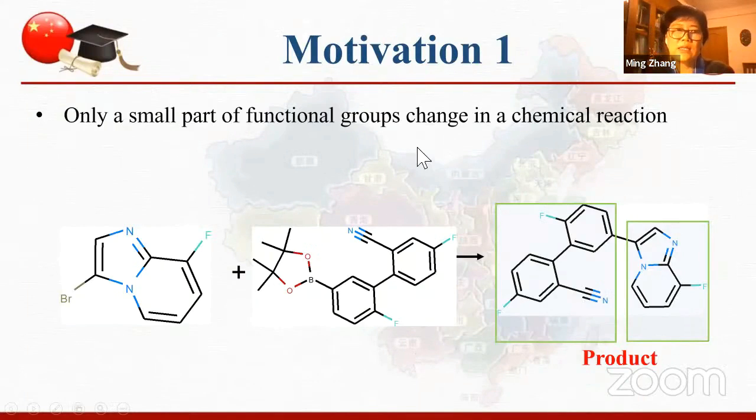We can see that only a small part of functional groups are changed in a chemical reaction. So we can localize some change of the graph.